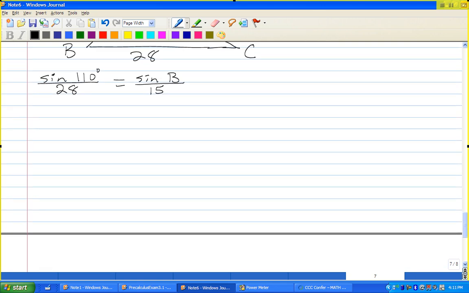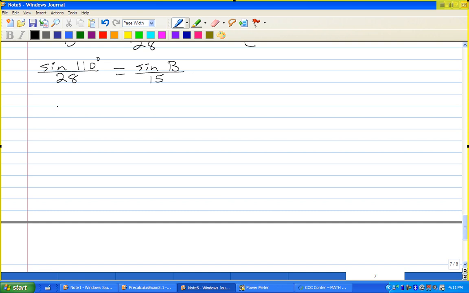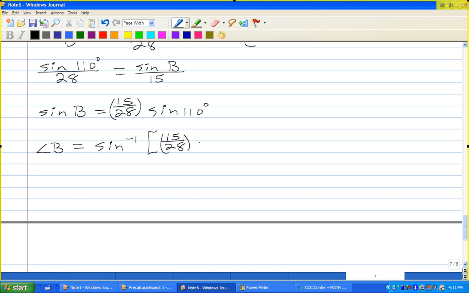So from there, I get the sine of B is equal to 15 over 28 sine of 110 degrees. And so the measure of angle B is the inverse sine of 15 over 28 sine of 110 degrees.